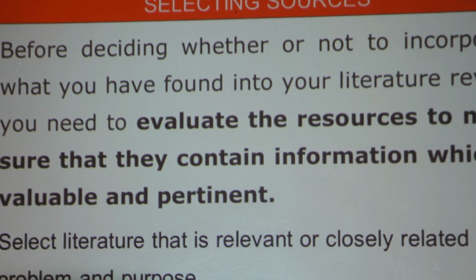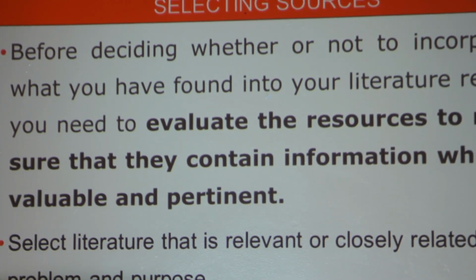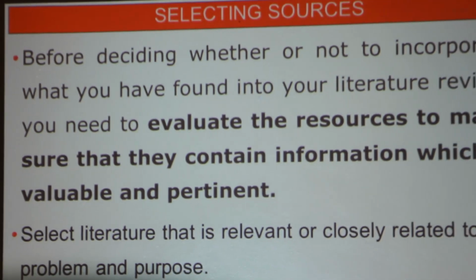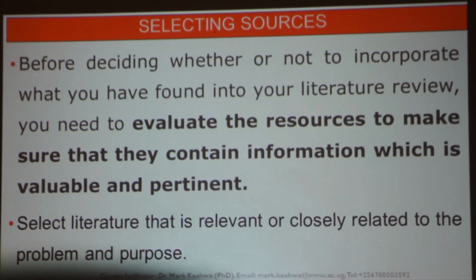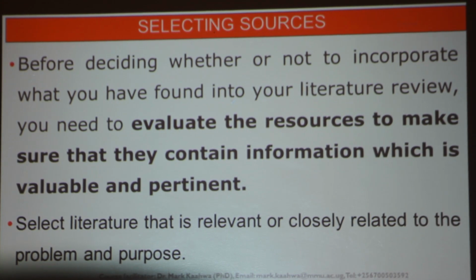Before deciding whether or not to incorporate what you have found into your literature review, you need to evaluate the sources to make sure that they contain information which is valuable and pertinent. It is very, very important, because as we review literature, you will find a lot of information on the web, on the internet.